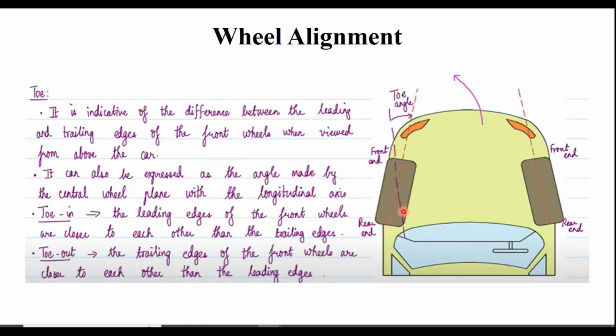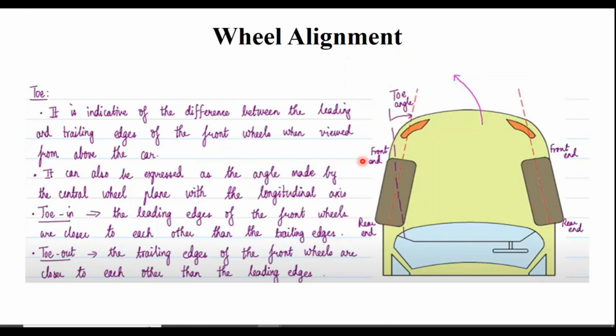The pink one is the longitudinal axis. So the angle between the central wheel plane highlighted in red and the longitudinal axis in pink, you call this the toe angle.